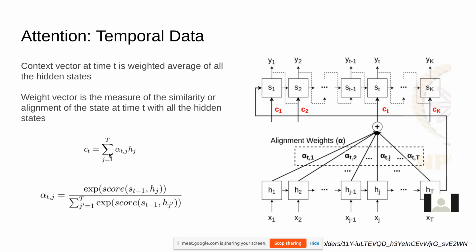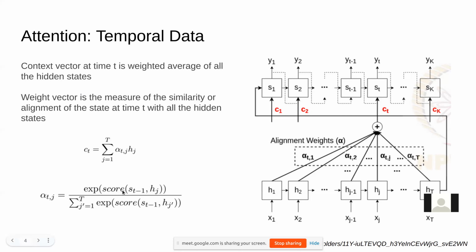So ct is defined as the linear weighted sum of the hidden states, and the weights are given by alpha. The t here represents that we are at some time step t, and the subscript j in alpha represents the weight for the hidden state j corresponding to the jth token in the input. So ct is the weighted sum of these hidden states, and the weights are given using a softmax function over a score.